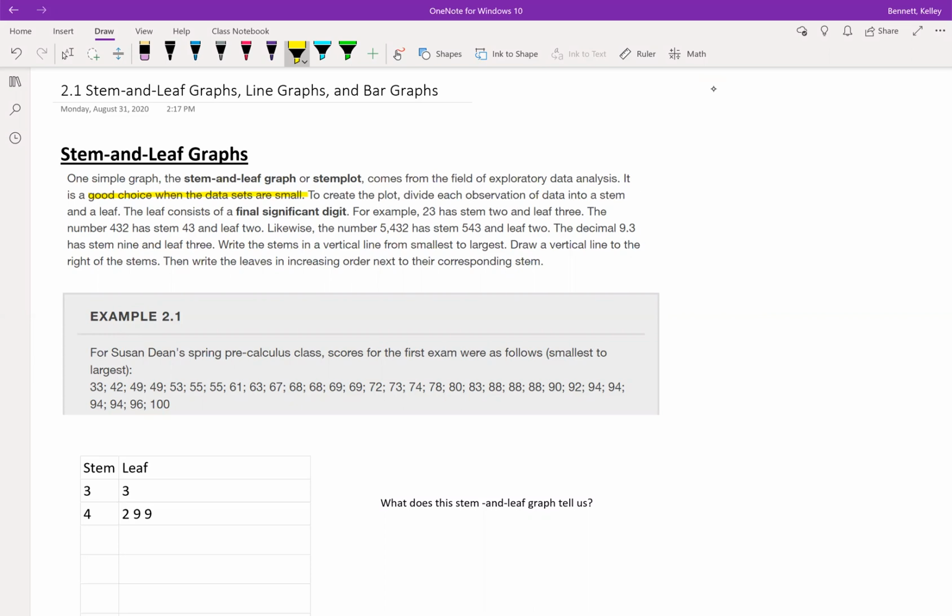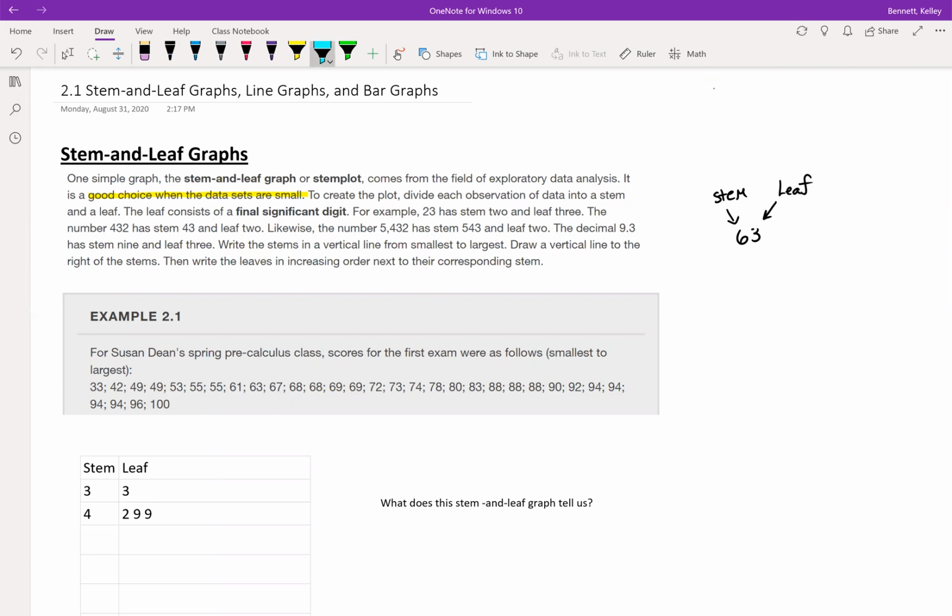So for us, we have 33, 42, 49, 49, 53, 55, 55, etc. So I'm looking at all the data here in this gray box. For example, if we had 63, the 6 would be our stem, and the 3 would be our leaf.